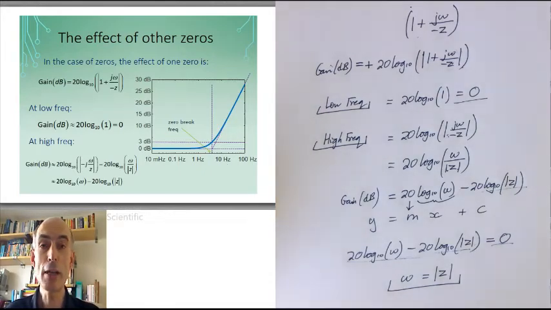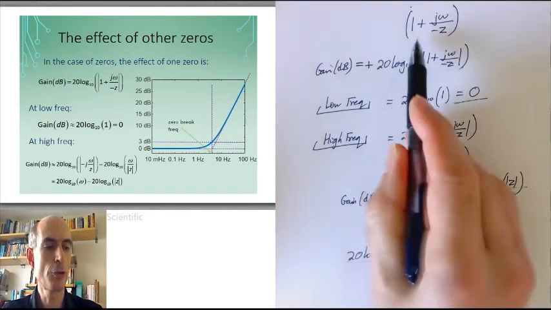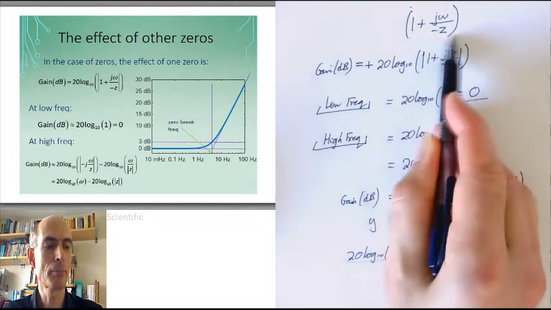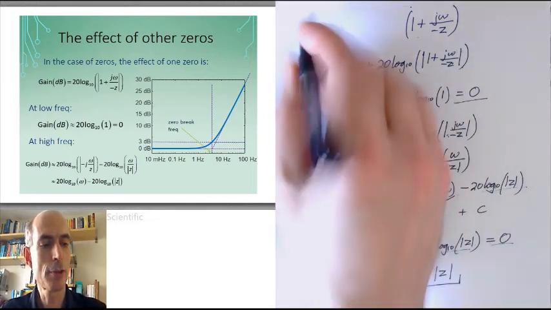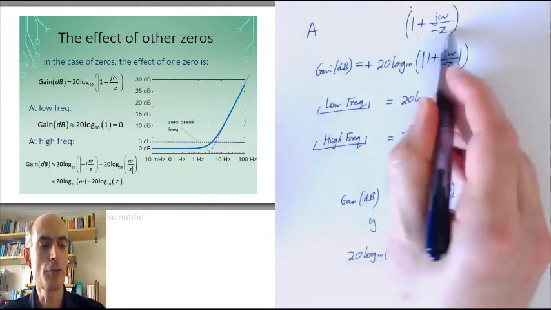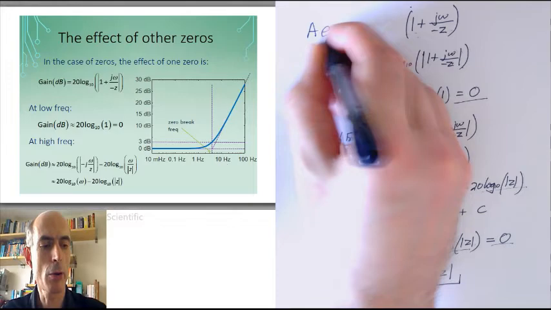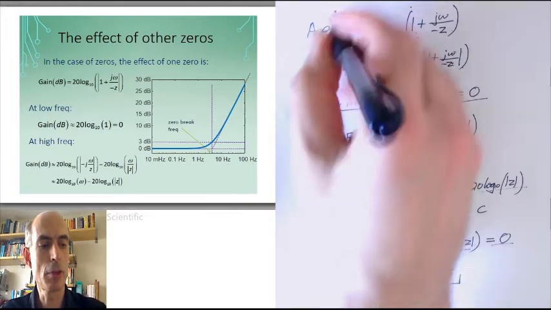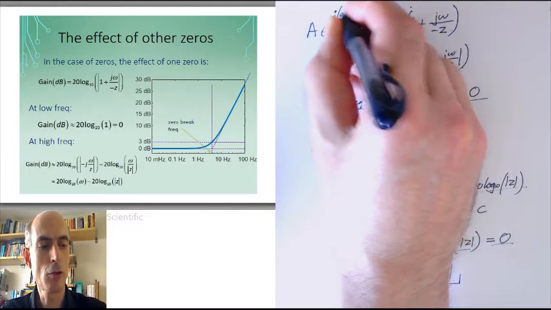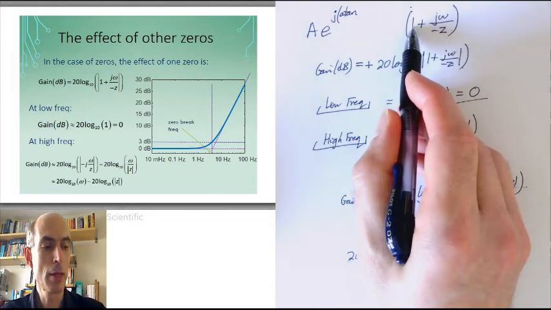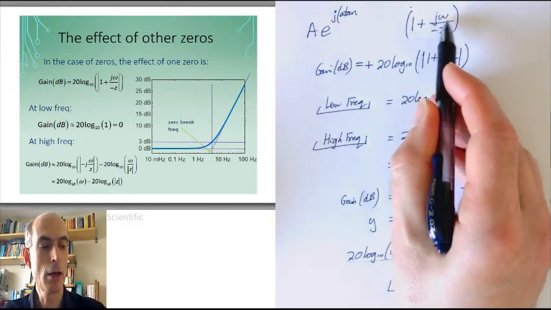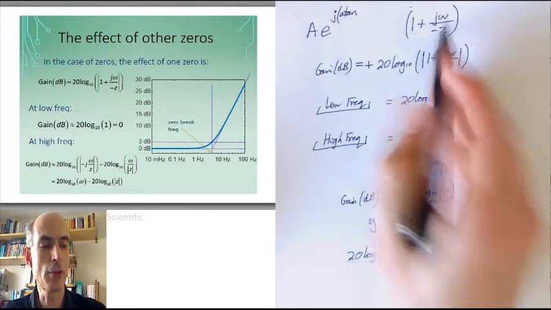In terms of the phase, we'd have to go back to the expression in this form here. And note that we could write that in a polar form as A, where A is the magnitude of this, times e to the power of j times the arctangent of the imaginary part of this divided by the real part of this, the imaginary part of this being omega over minus z.